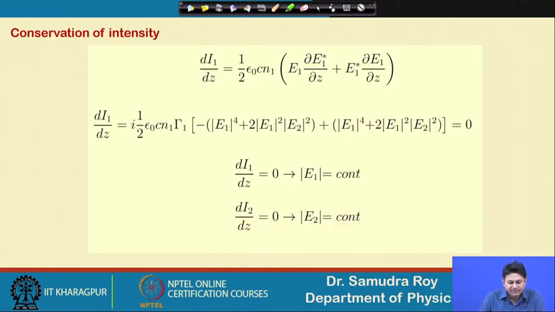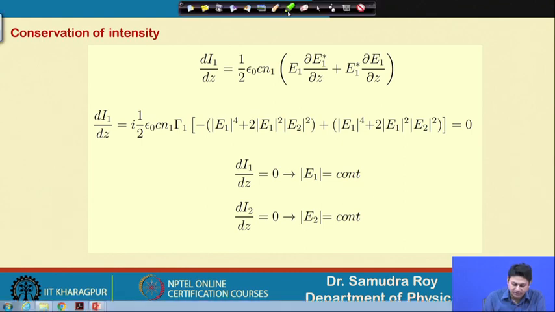Well, if I consider the energy in terms of intensity, then the intensity, our old equation that we always use: the intensity of wave 1 is equal to half epsilon 0 n1 c mod of E1 square.